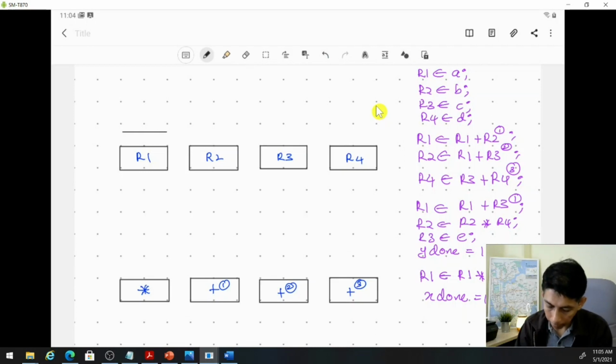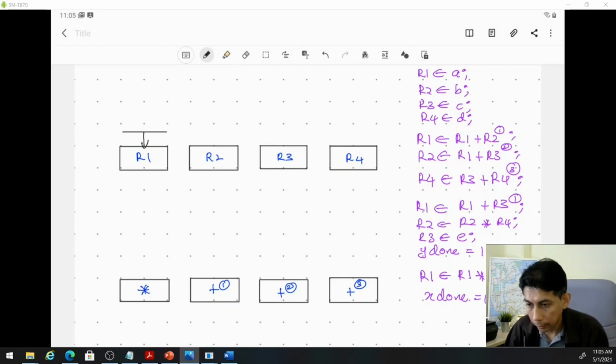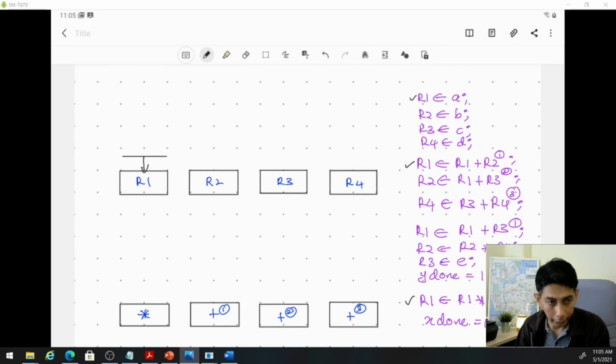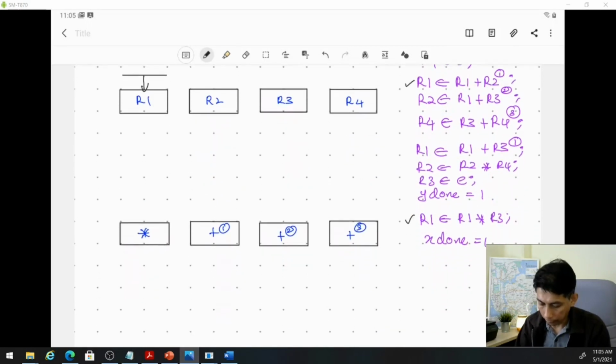This represents the multiplexer going into R1. We have 3 inputs here: from the multiplier, from adder number 1, and also from the outside A, right? So first we have the output from the multiplier.